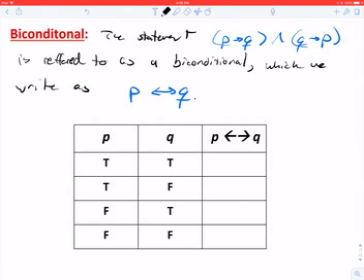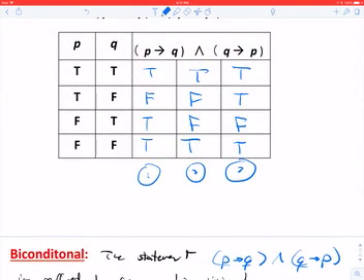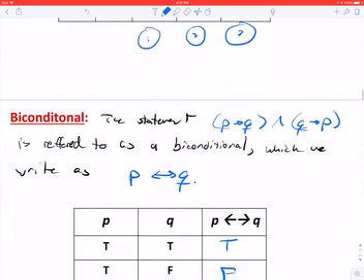So that is true when they're equal to each other. So if we look at P and Q, are they equal? Yes. Are they equal? No. Are they equal? No. Are they equal? Yes. So the biconditional is true when they're equal to each other.